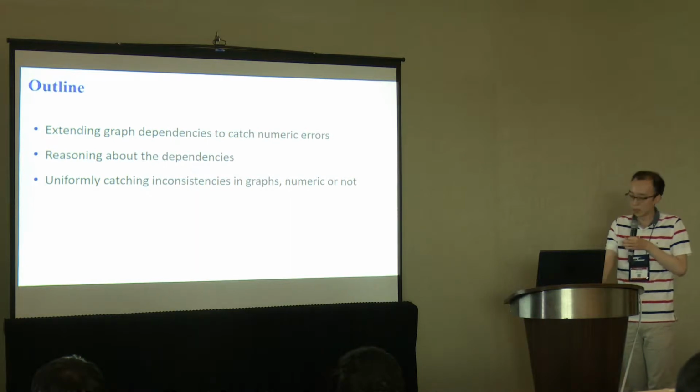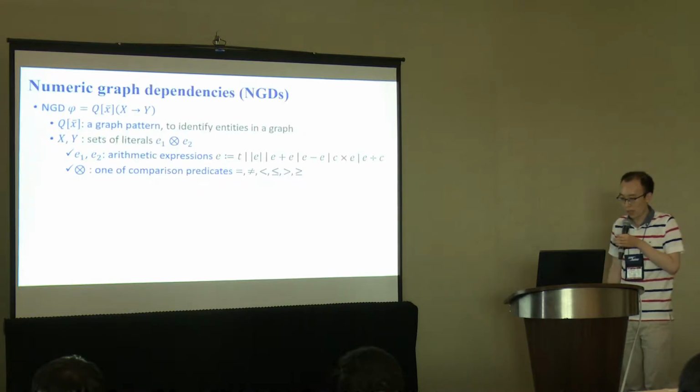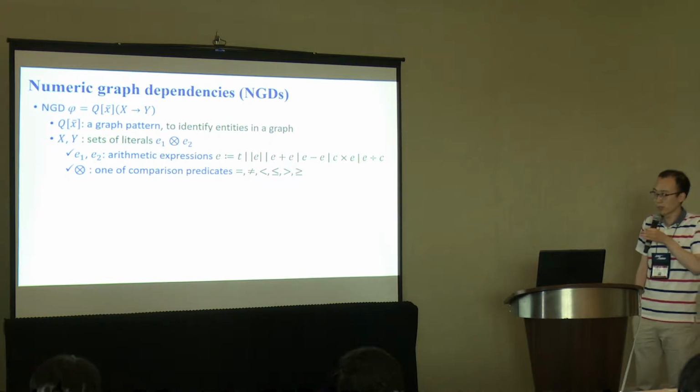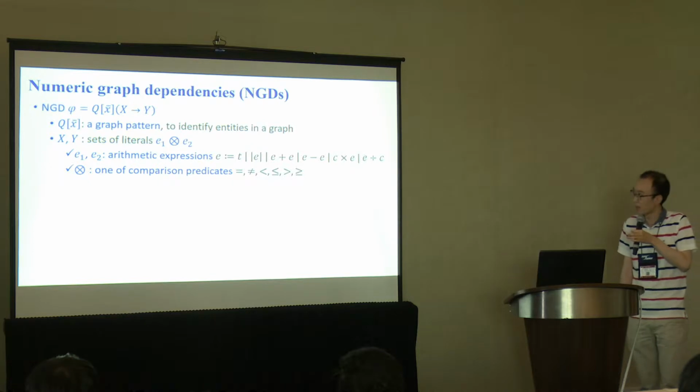This work tackles these questions. We first extend graph functional dependencies by incorporating both arithmetic expressions and comparison predicates, namely a new class of numeric graph dependencies, and we call them NGDs.